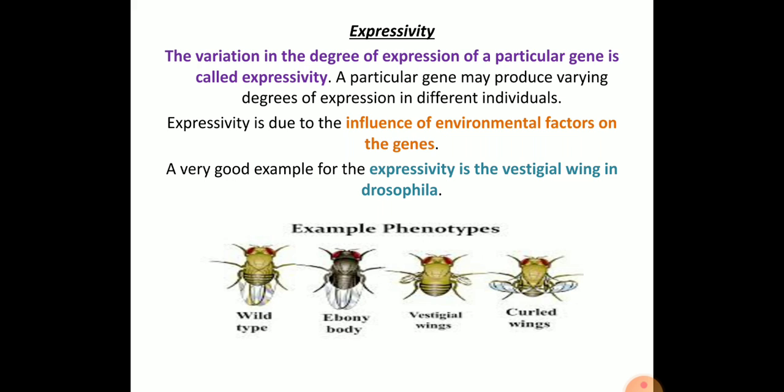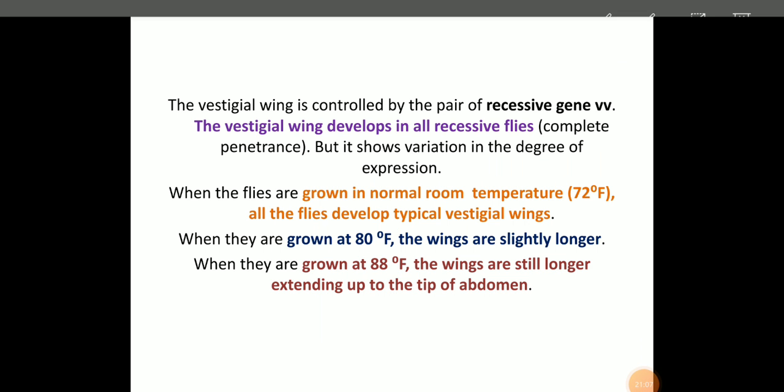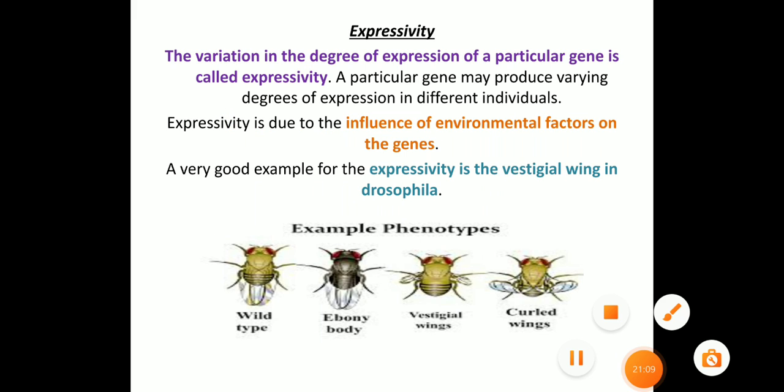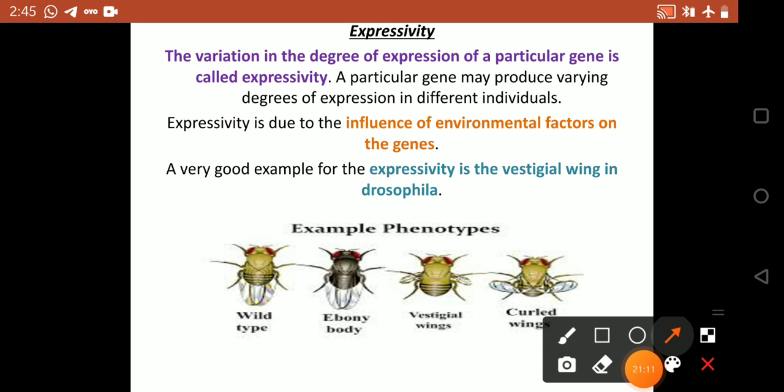As you can see in the picture, there are different types of Drosophila, and we mainly concentrate on the wing pattern or wing size. The first one is the wild type. In the wild type, the wing is much elongated and larger than the body size.